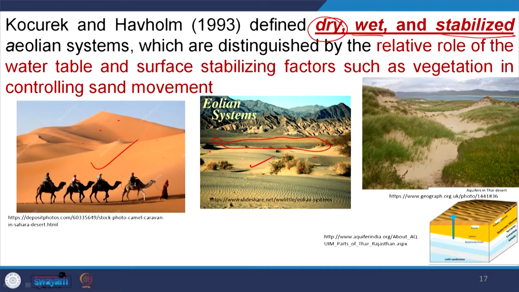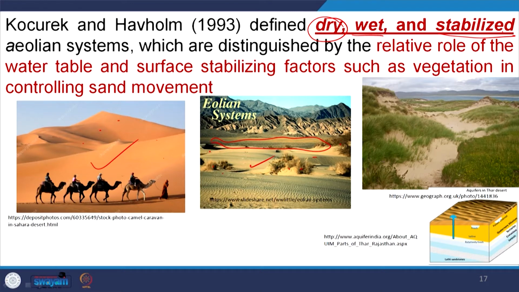Whenever there is an arid environment, dunes migrate frequently, and this dune migration creates a problem in our developmental projects. It may encroach the whole village at times. So, that is why there are certain programs through which, either naturally or artificially, we always try to stabilize the eolian system or stabilize the dunes.